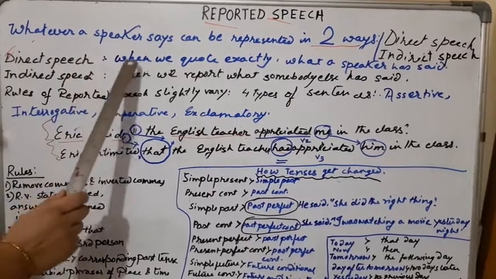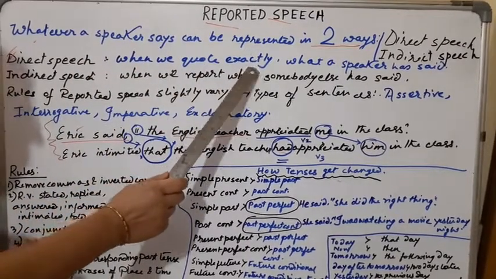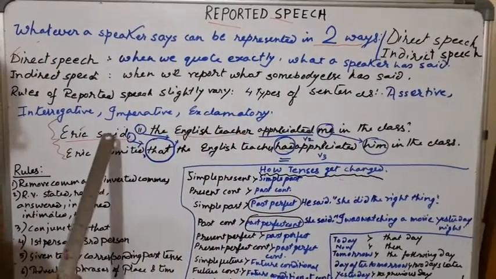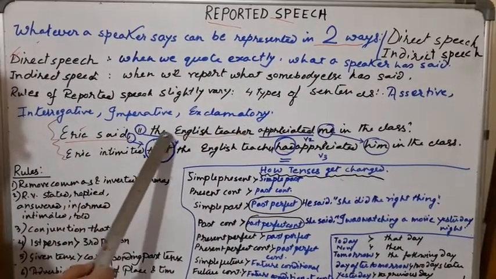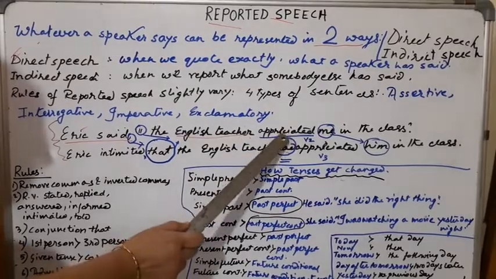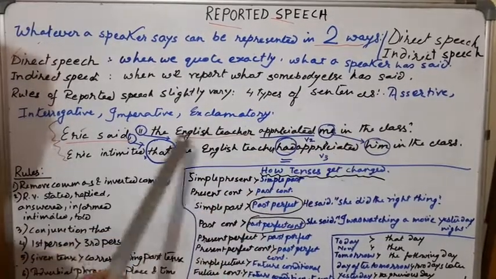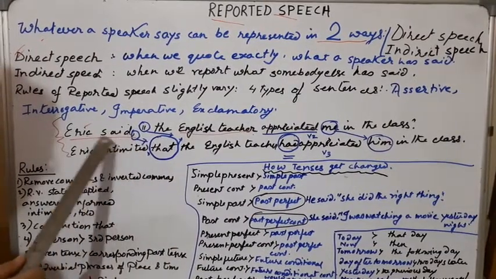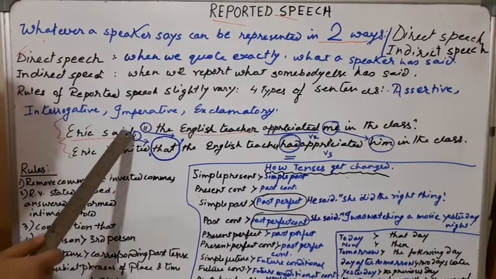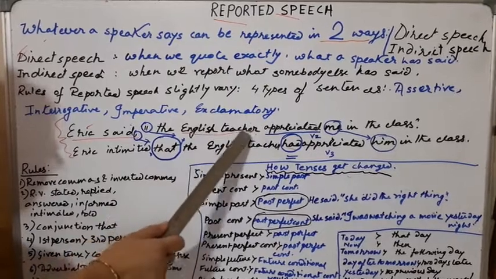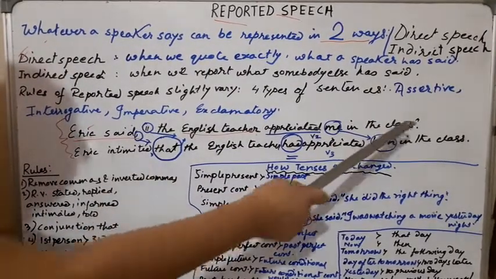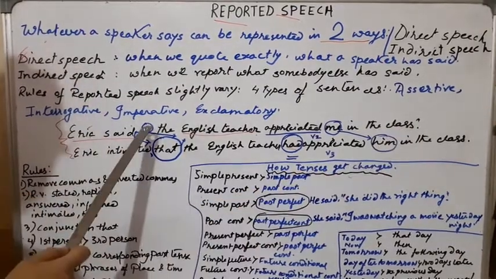Direct speech means when we quote exactly what a speaker has said. So let us take one example. Eric said, "The English teacher appreciated me in the class." So just focus on this line. I have put a comma here and I have mentioned this entire statement in the inverted comma.